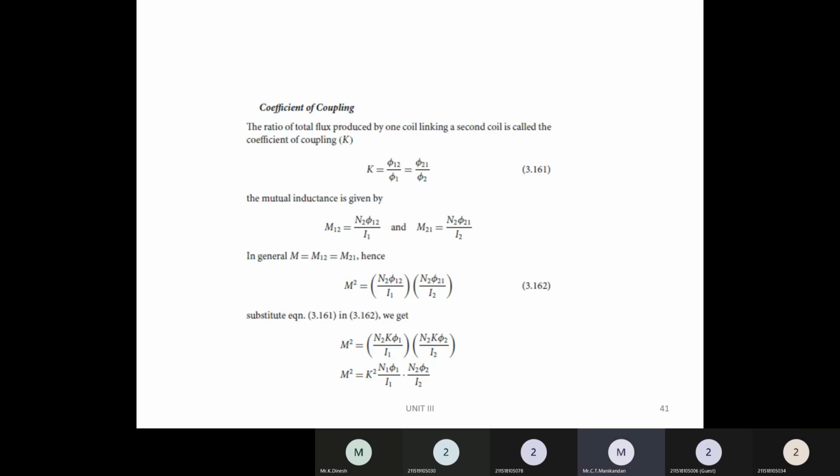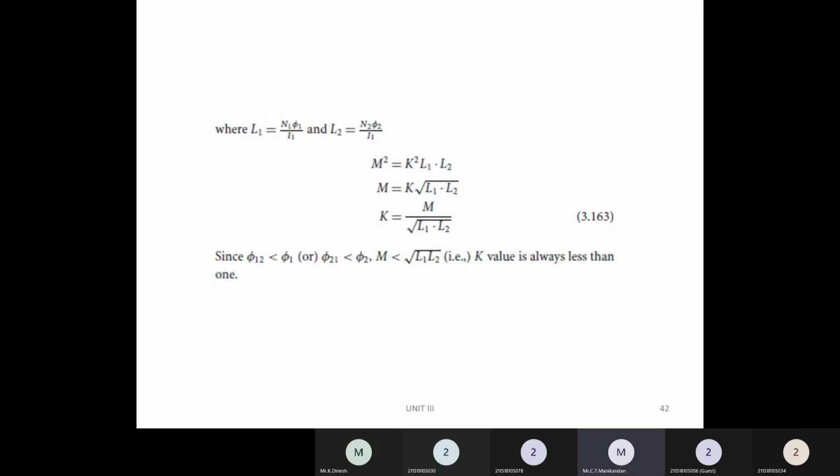We can relate self-inductance and mutual inductance with a concept called the coefficient of coupling. The ratio of the flux linking with the second coil to the total flux produced by the first coil, we call the coefficient of coupling.